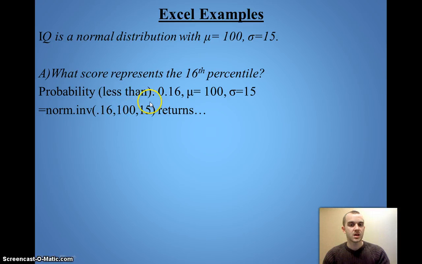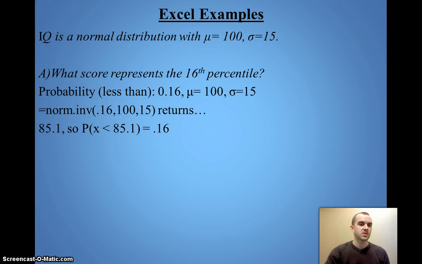Here's my mean, here's my standard deviation, and that tells me that the corresponding value would be 85.1. And you see I wrote it a little bit differently here because what we say is the probability of x being less than 85.1 is about 16%. Which, if you think back to where we found probabilities, that's very close.